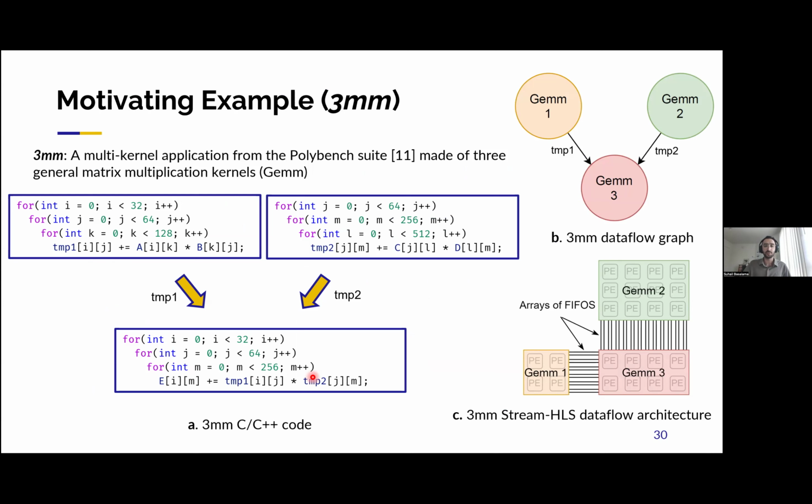So let's start with this motivating example. 3MM is basically this application where you have three matrix multiplication operations where the first two are input to the third one. And this application is from a benchmark suite.